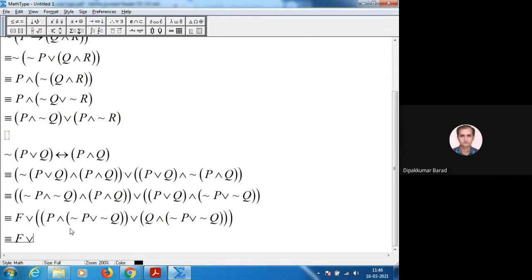So in bracket now again we can apply this distributive property, see, we have P and not P or not Q. So here I can apply the distributive property with this bracket.